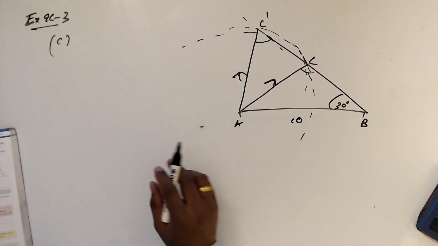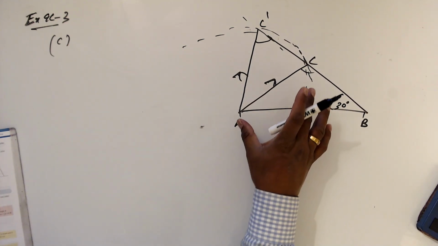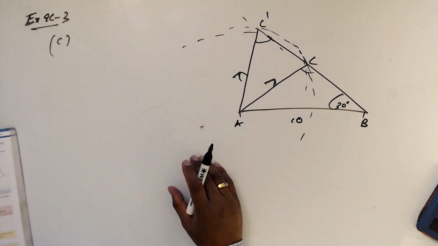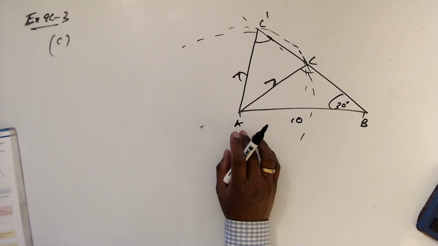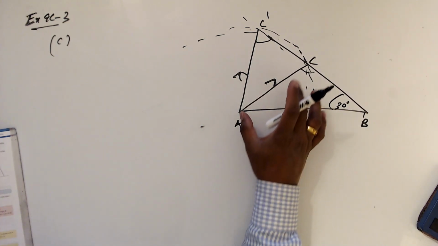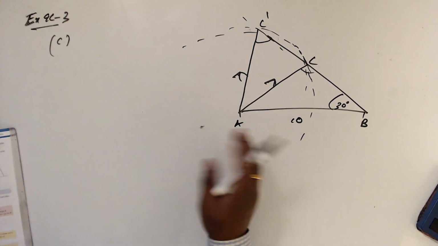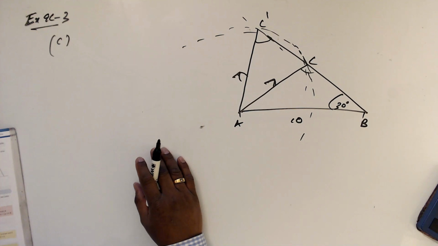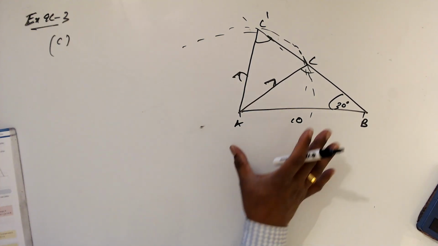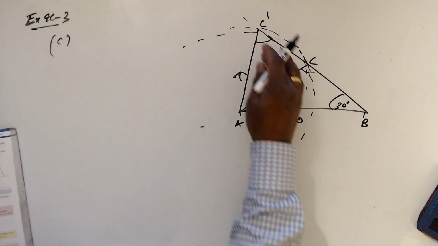Now on part B, it is the same thing. On part B, we didn't have any two options when the AC length is 12. But when the length is 7 centimeter, we have two options. It means really we don't have two options in part B. So 12 means it is a big length.